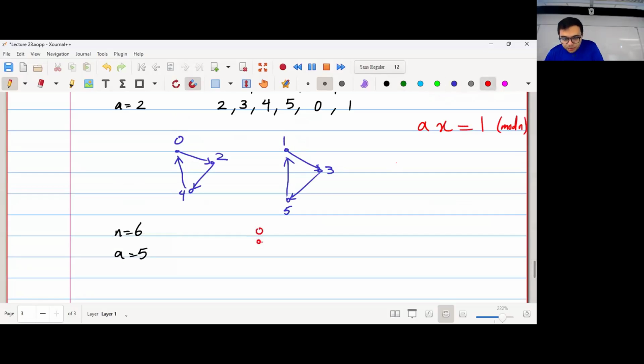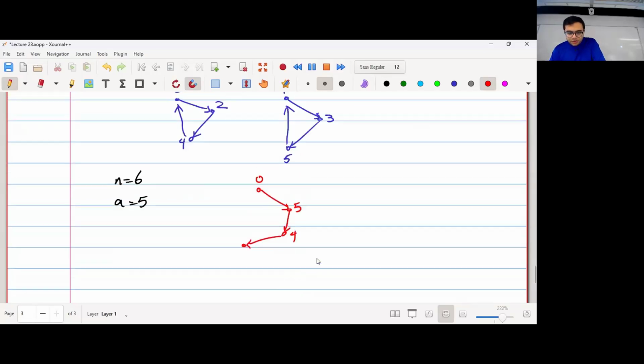So 0 is going to be mapped to 5 because I'm adding 5 every time. 5 is going to be mapped to 4 because 5 plus 5 is 10, modulo 6, that's 4. And then 4 is going to be mapped to 3. Every time I'm adding 5, by the way, adding 5 is like subtracting 1 because I'm doing modulo 6. And then this one will be mapped to 2. This one will be mapped to 1. And this one will be mapped to 0.